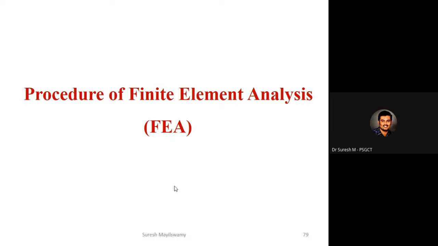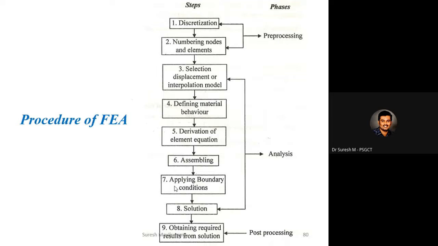So what is the procedure to develop the finite element analysis? First we have to discretize the product by using the numbering and nodes, that is called the pre-processing technique. After that, we select the displacement or interpolation model and define the material behavior, then derive the element equations.